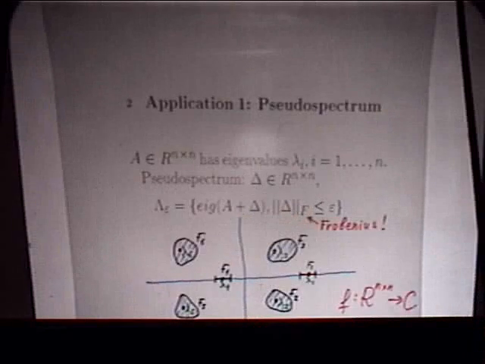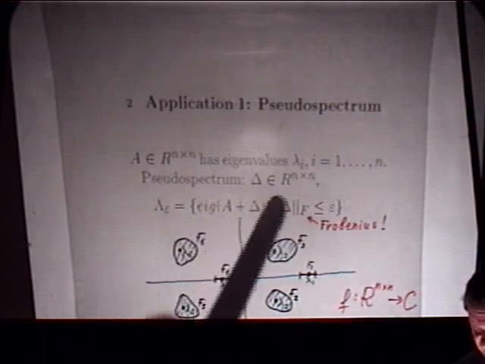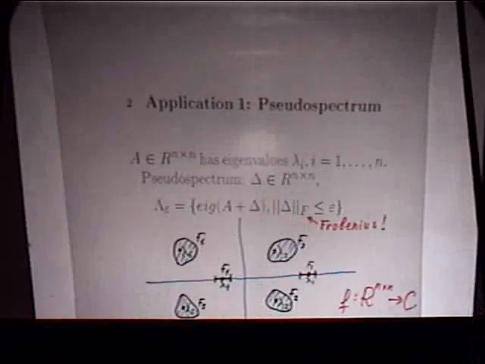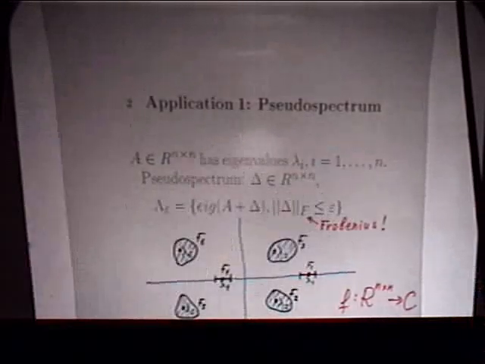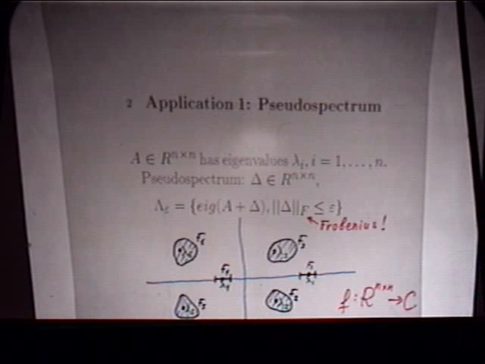Now let's take perturbations of this nominal matrix A, where the perturbations are bounded in Frobenius norm. So the Frobenius norm of these perturbations is less than epsilon. The Frobenius norm is just the square root of the sum of the squares of the entries of the matrix.